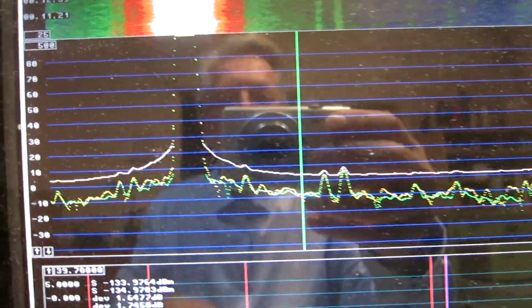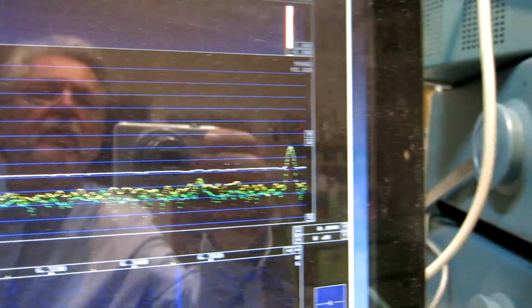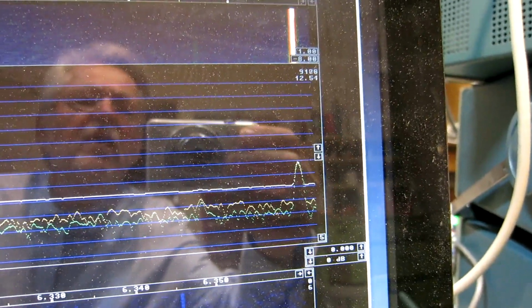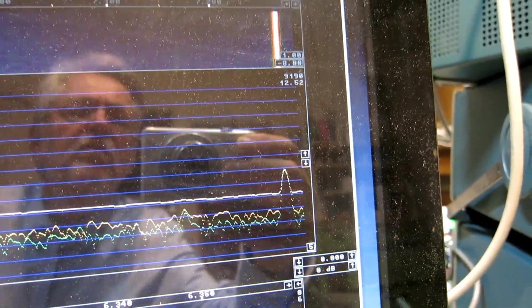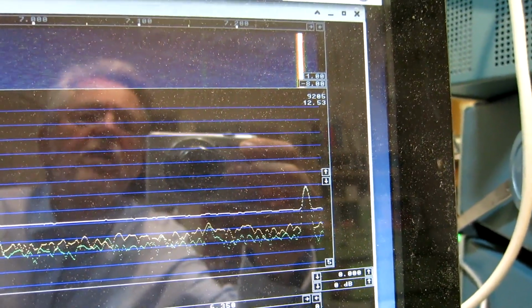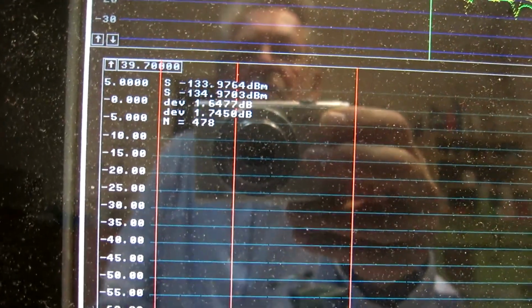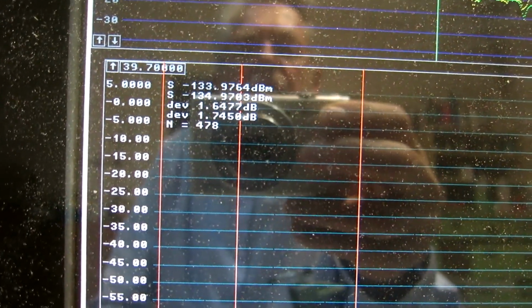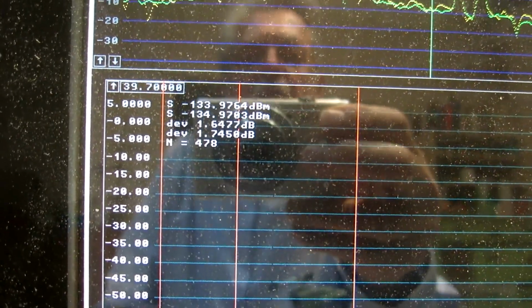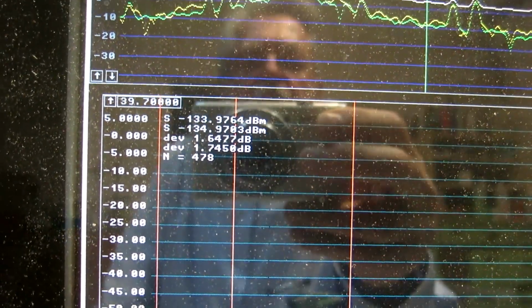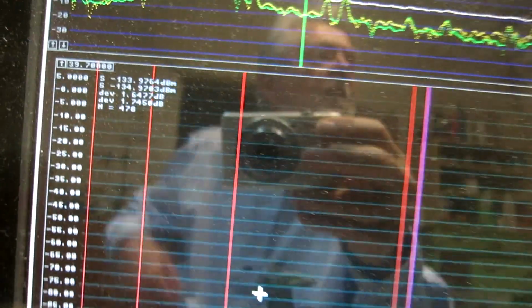This is a particularly good crystal. 9200 averages, 12.5 dB correlation advantage, and minus 134 and minus 135 for the two channels.